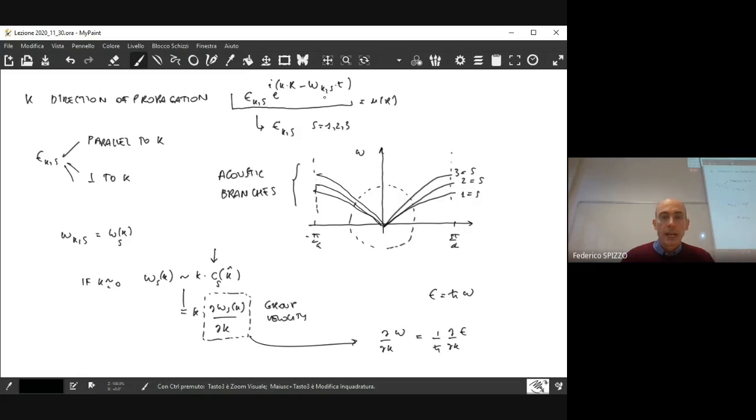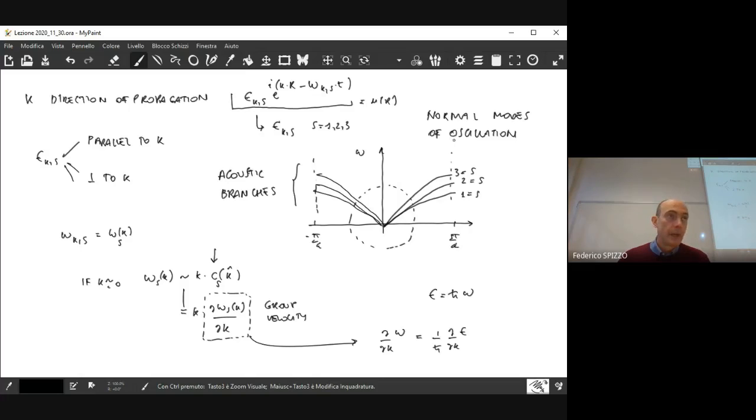Each wave is characterized by a specific value of k within the first Brillouin zone, and by a corresponding value for the frequency omega. So we have a combination of normal modes of oscillation. In this case, what we have found is that the solid is able to express different normal modes of oscillation.